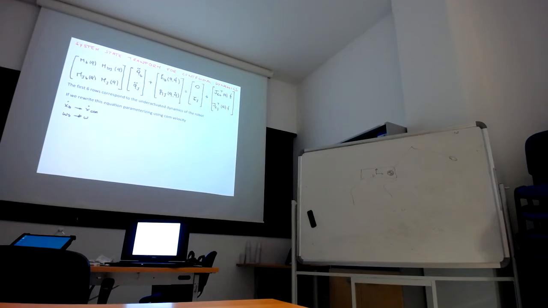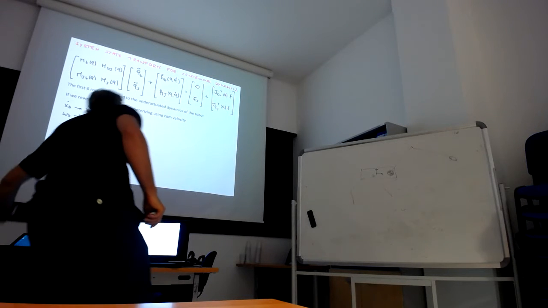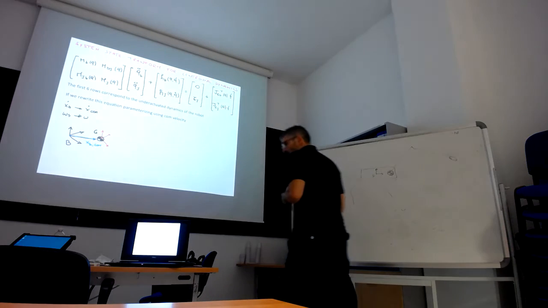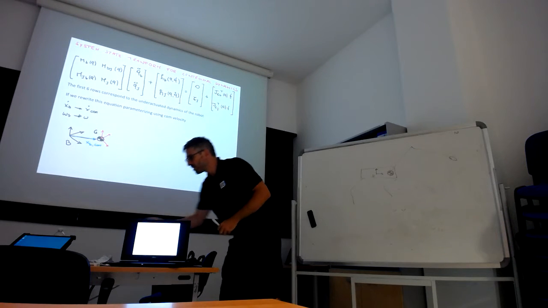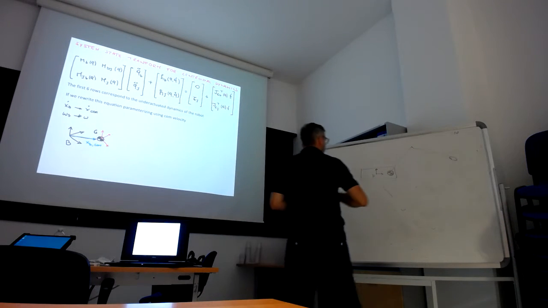And as a first step, we consider the angular velocity of the base unchanged. And in this case, this means that the frame we use to represent the floating base will no longer be the base frame, but will become the COM frame.